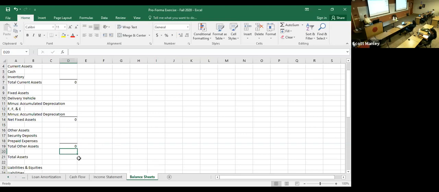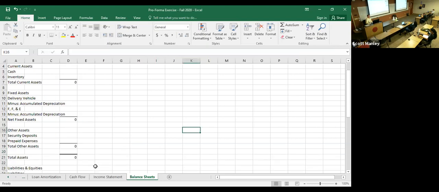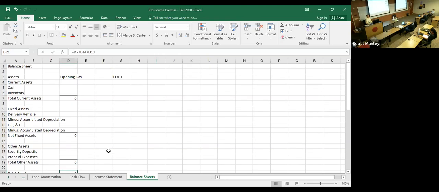My total assets equals current assets plus fixed assets plus other assets. And since that's kind of a grand total, I'll put a double bottom line there. The rest of this is just playing hide and seek, or whatever you want to call it.